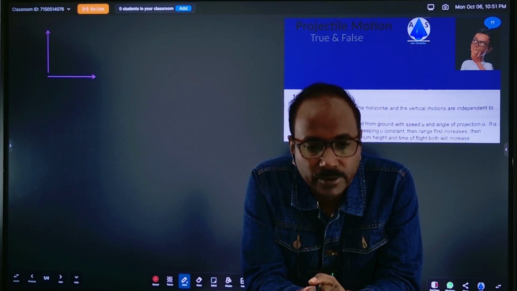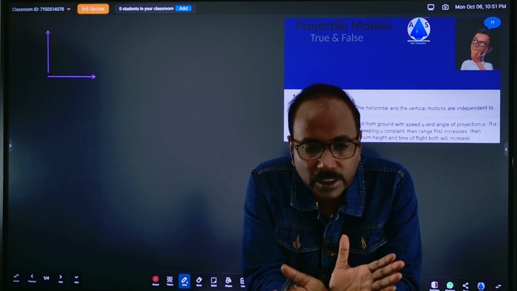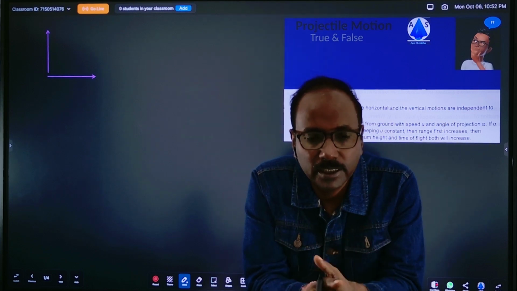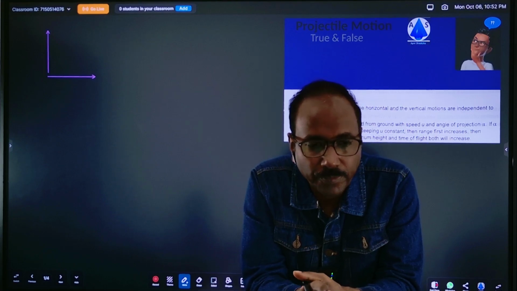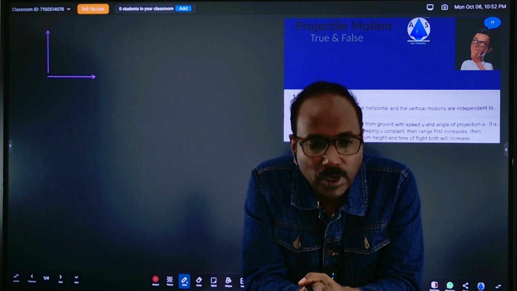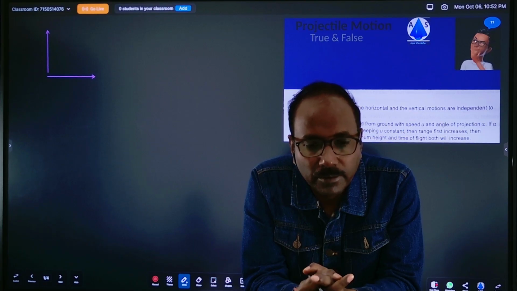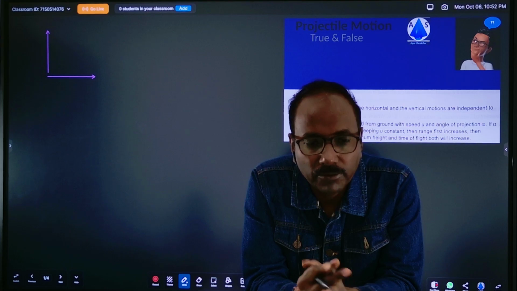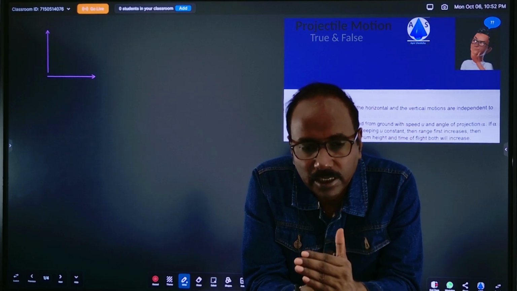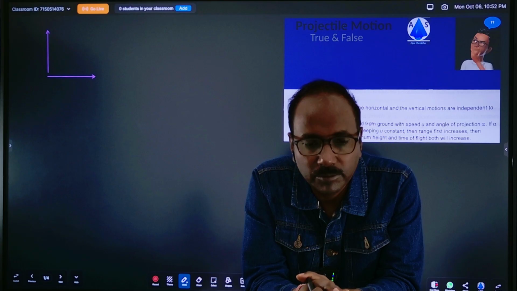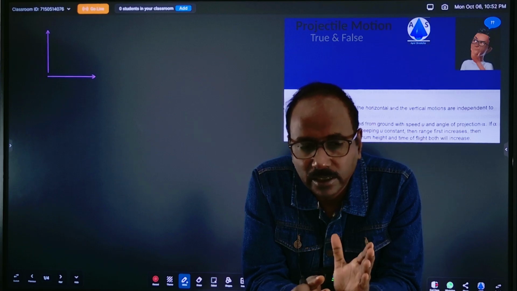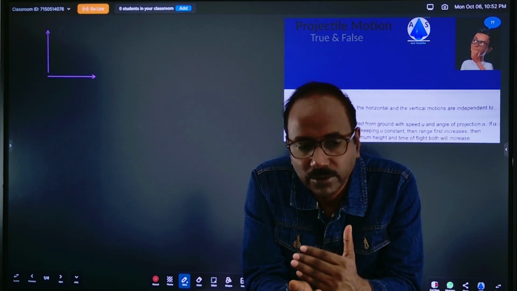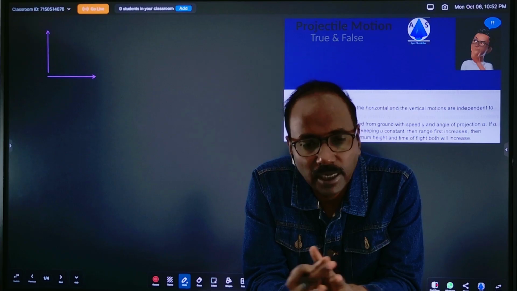See, both the vertical and horizontal directions make a 90-degree angle to each other. That is one thing. So no component of vertical direction will be there in the horizontal direction. Means the component of the vertical direction motion will be 0 in the horizontal direction and vice versa.